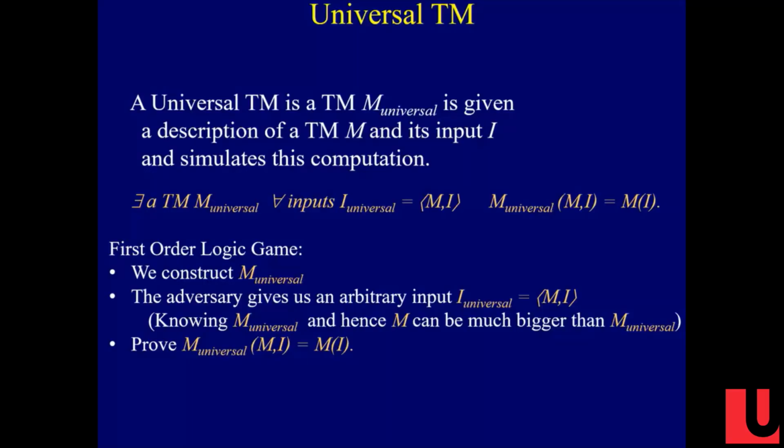What do we do here? Let I be an arbitrary input to sorting. And then we have to prove that bubble sort on I gives you the same answer as required. Everybody get that?